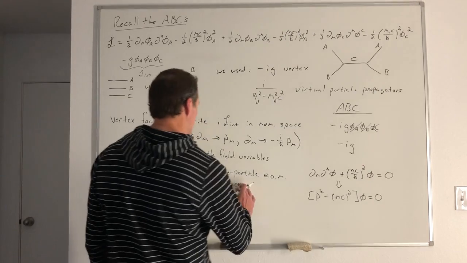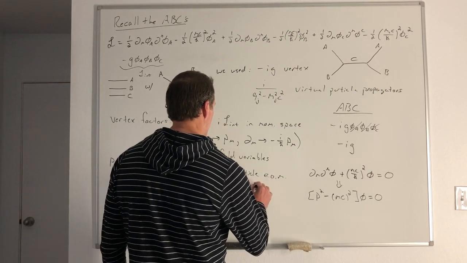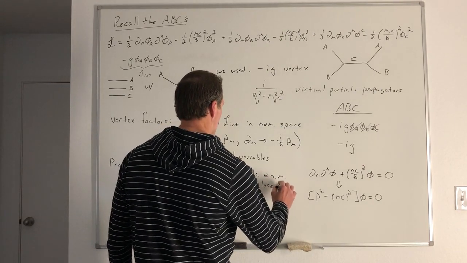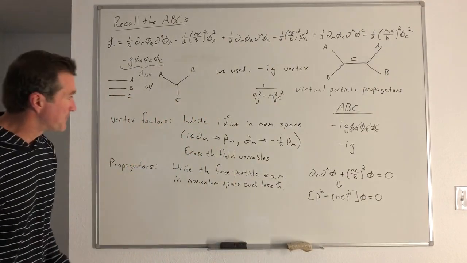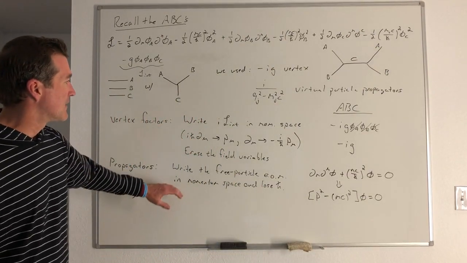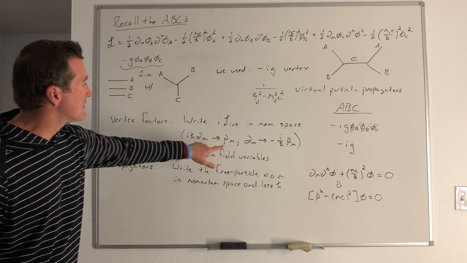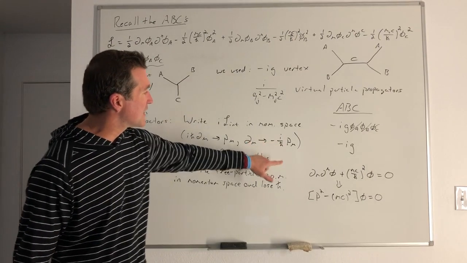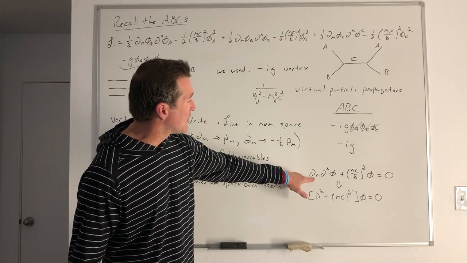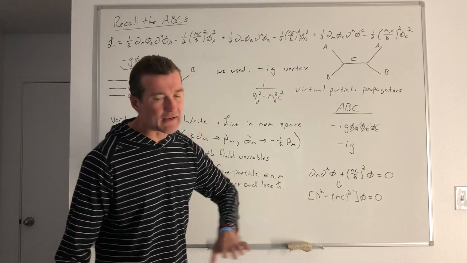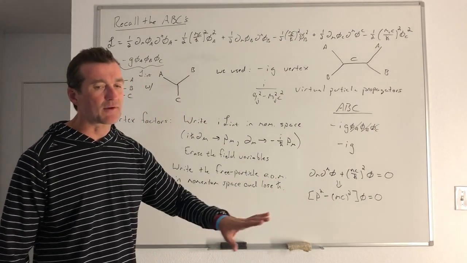And there's one more step here, lose h bar. If you just plug in d mu goes to minus i over h bar p mu here, you're going to get a 1 over h bar squared, but you want to eliminate the h bars. So just get rid of them.